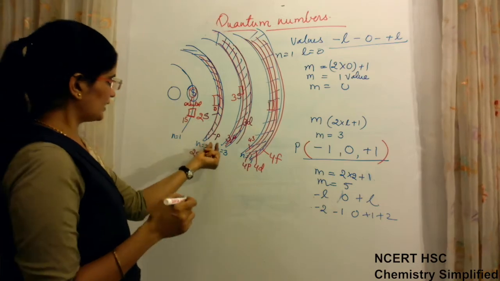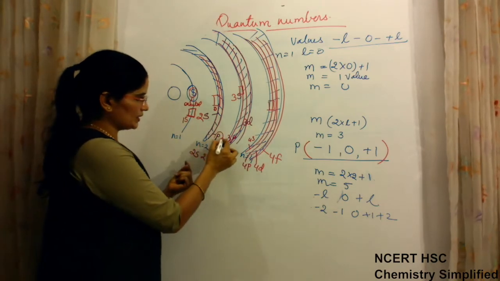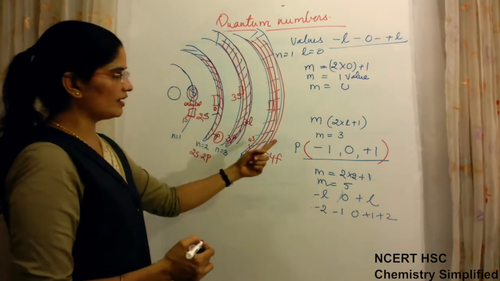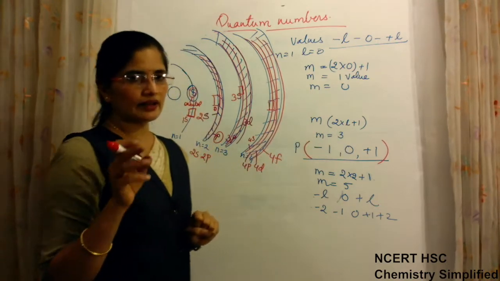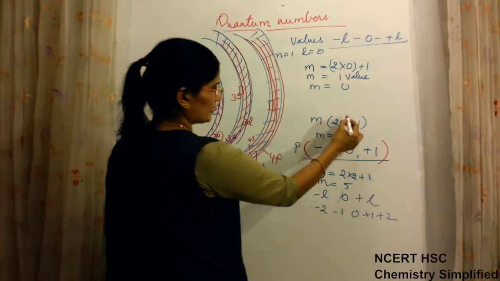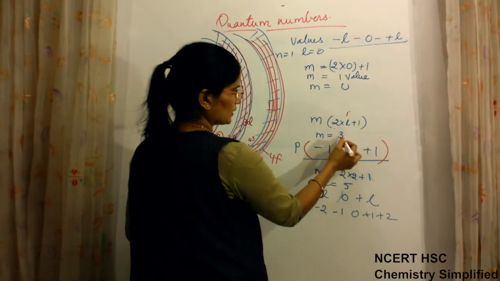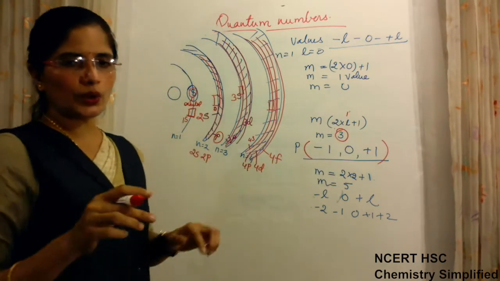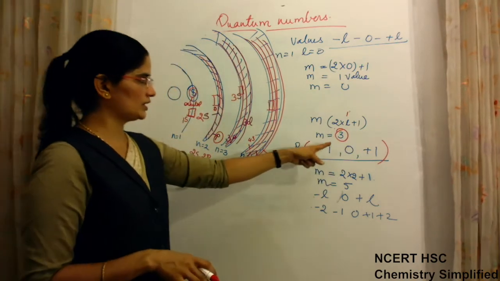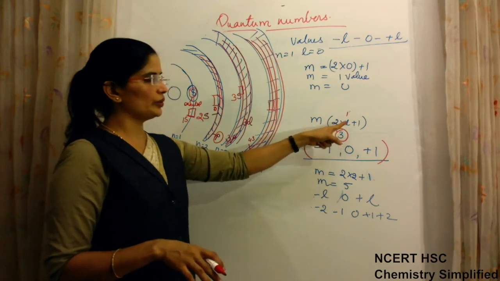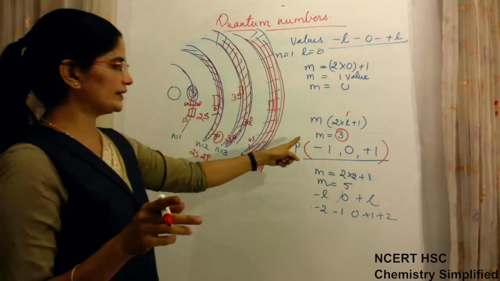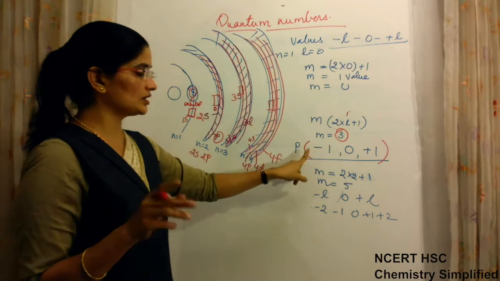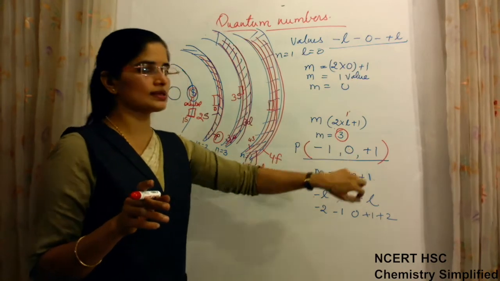Now the second subshell is p. p has l value 1, and whenever the l value is 1, m will be 2 times 1 plus 1, which is 3. So wherever the l value is 1, you will get 3 m values: minus 1, 0, plus 1.